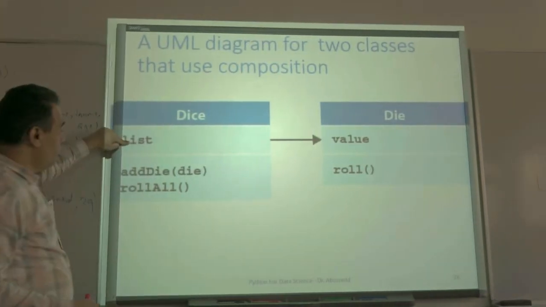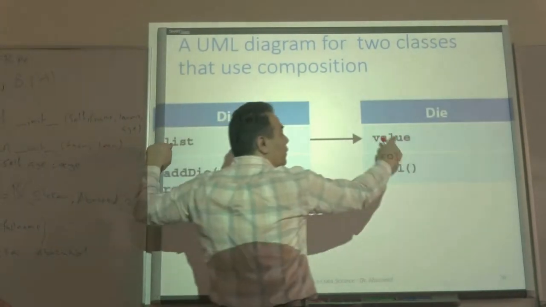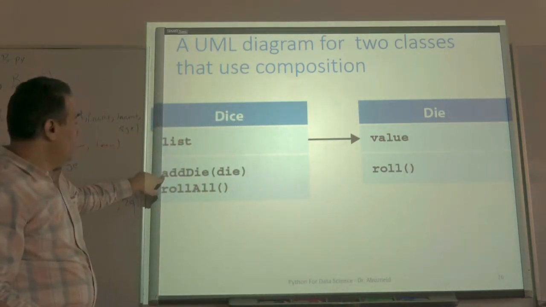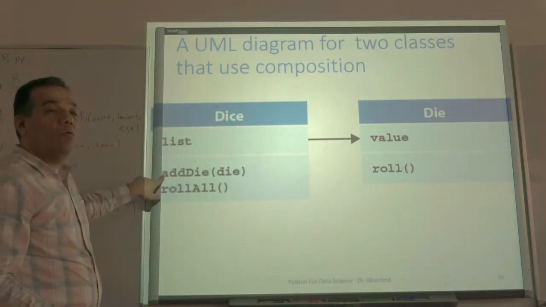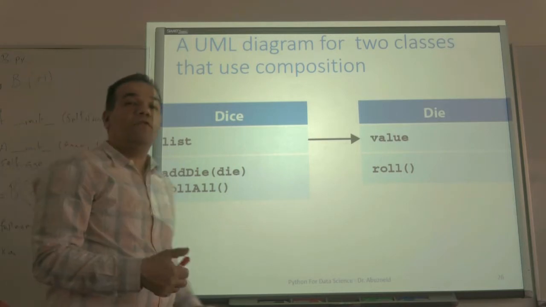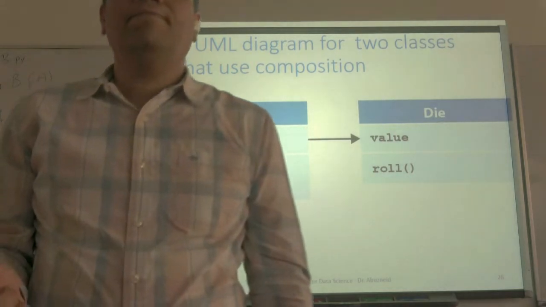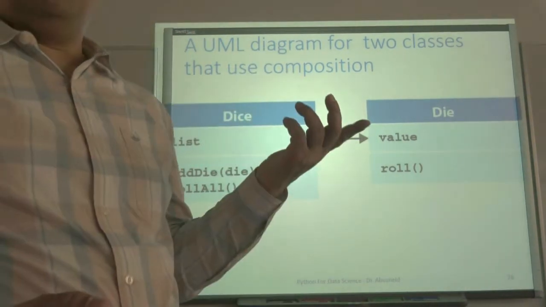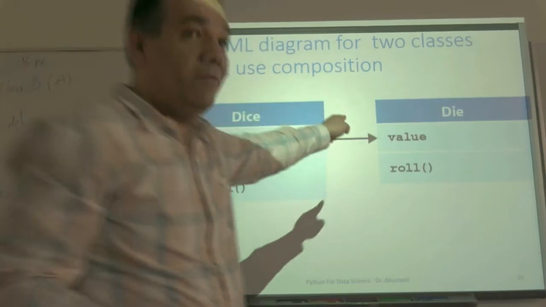It has an attribute which is a list of die. For this game, what kind of methods are we going to need? Each dice could have one or more die, right?